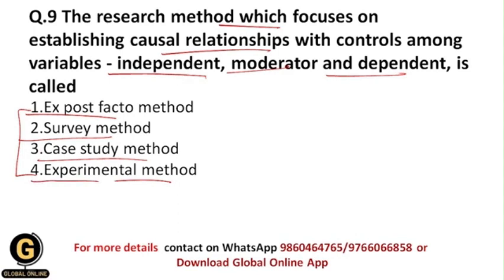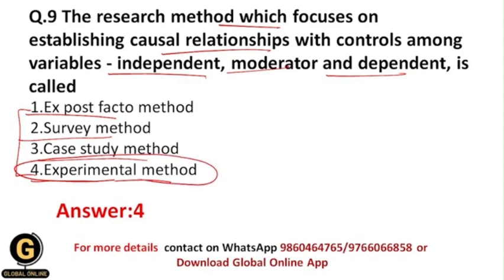Now, all of you have understood that whenever I want to focus upon establishing causal relationships, and along with that I want to control the variables, then obviously I will follow the experimental method, because this is the only method in which I will have complete control over the variables.